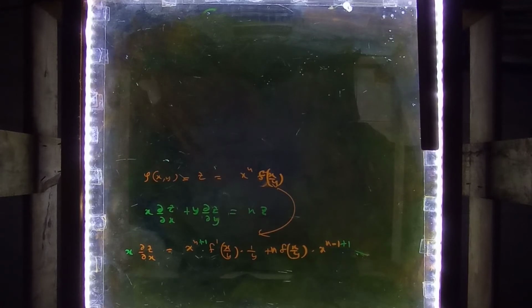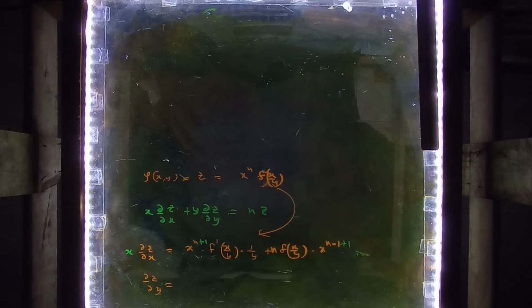To avoid taking too much time, I'm going to edit this. Then differentiate both sides partially with respect to y.